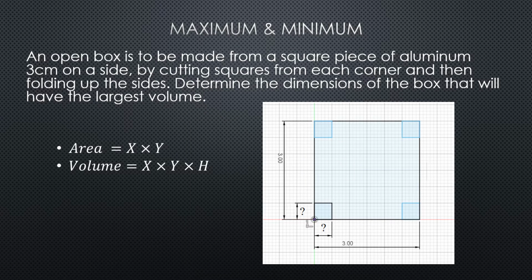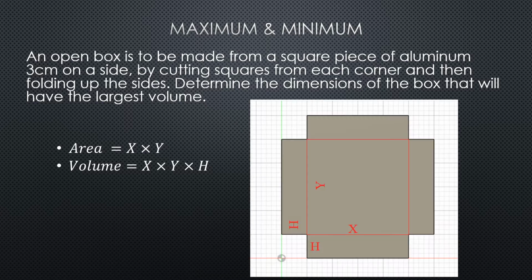So we know the area is equal to x times y, and in this case it's a square, so those two values are the same, and the volume is equal to x times y times the height. So we're really looking for the x and the y that are going to end up being the inside or the bottom of the box.